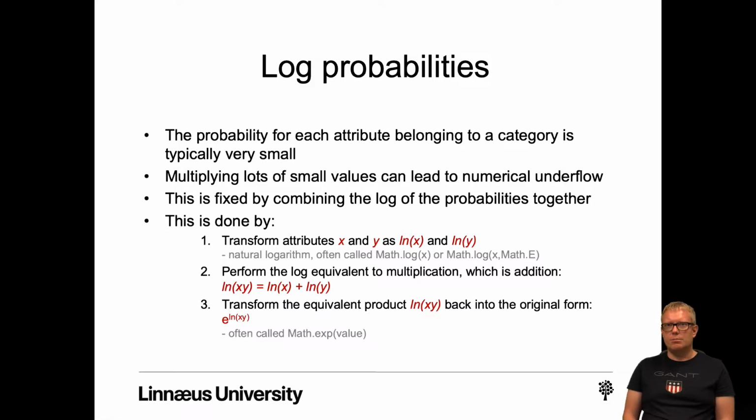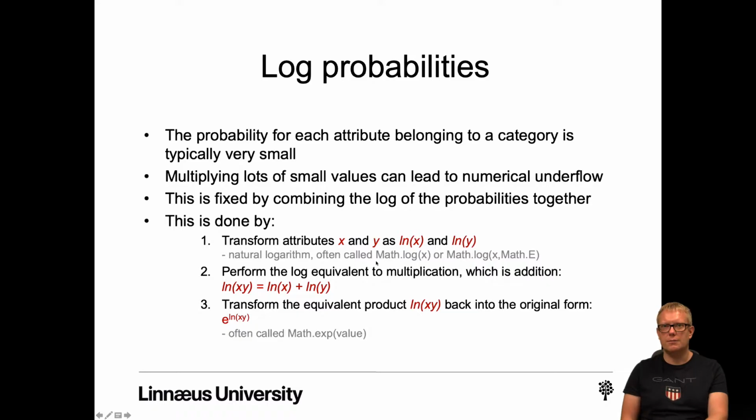And we can fix this by combining the log of the probabilities. This is done by transforming the attributes x and y, or petal length and petal width, into the natural logarithms ln x and ln y. This is often called math.log in programming APIs, with the base math.e, Euler's number.